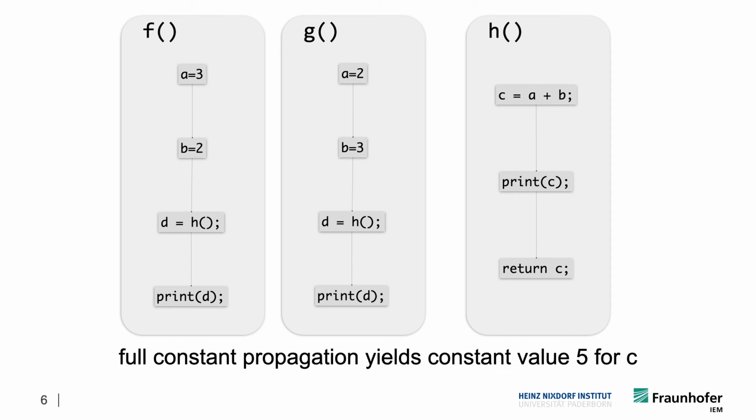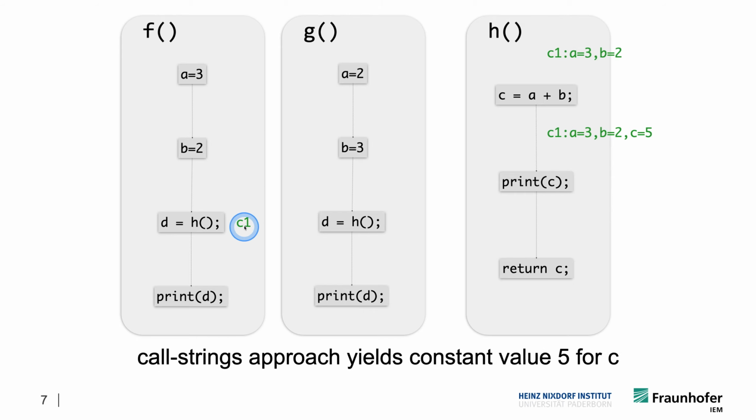But if you have a full constant propagation, that actually yields the value 5 for C here, because if you take a look at this, we have this one calling context here, for instance, right? And if we call this C1, then here you will get a mapping of A equals 3 and B equals 2. And by the way, here we assume that all these variables that you see here are global variables, okay? So they are visible in all these 3 different procedures. So there's no need for any parameter mapping here.